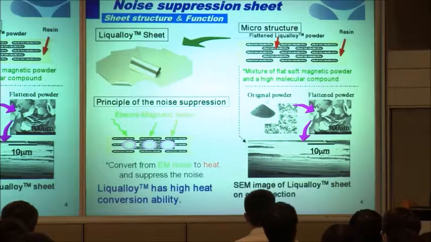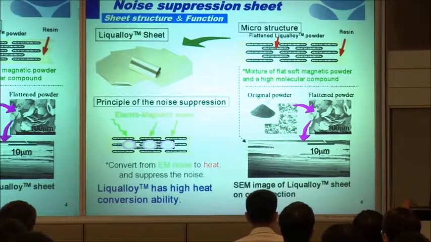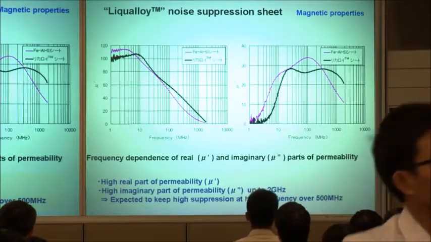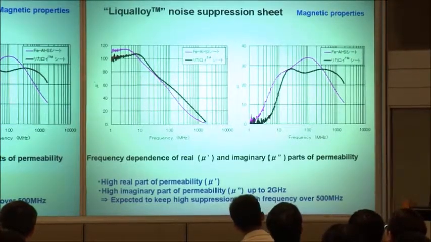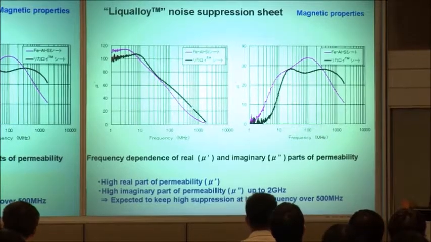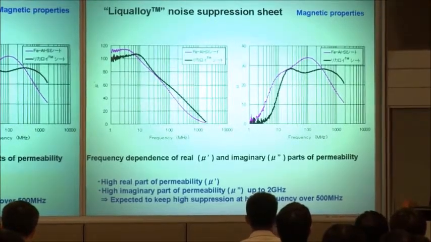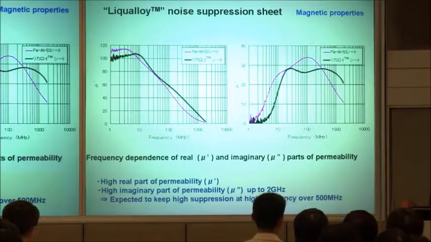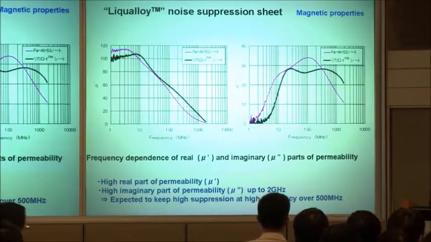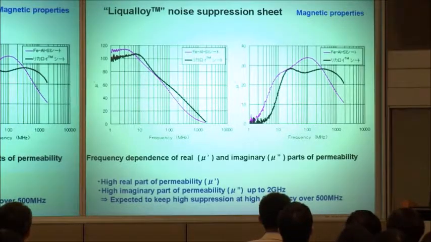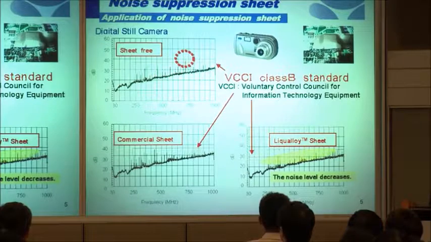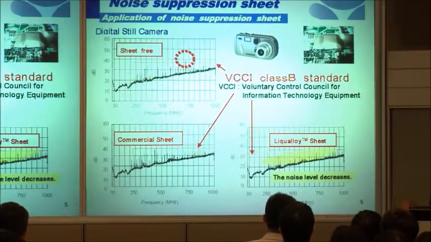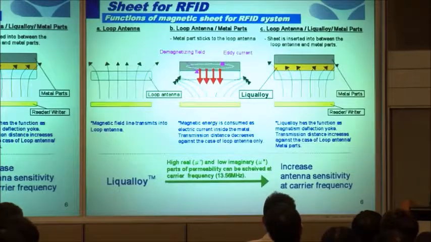We can get highly efficient noise suppression because this sheet shows higher real and imaginary permeabilities in a high frequency range of over 500 megahertz as compared with sendust sheet. Therefore, the ZrACuNi sheet has been commercialized in various kinds of electromagnetic devices.